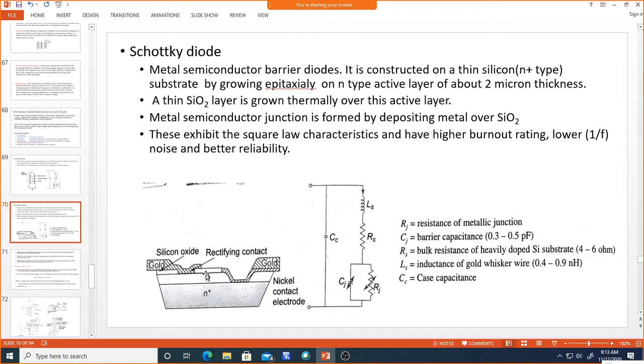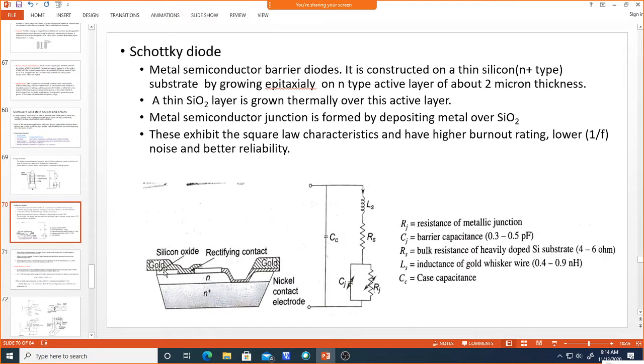Above this there is a metallic contact, where gold is used. A thin SiO2 layer, the silicon oxide layer, is grown on this N type active layer by a thermal technique.